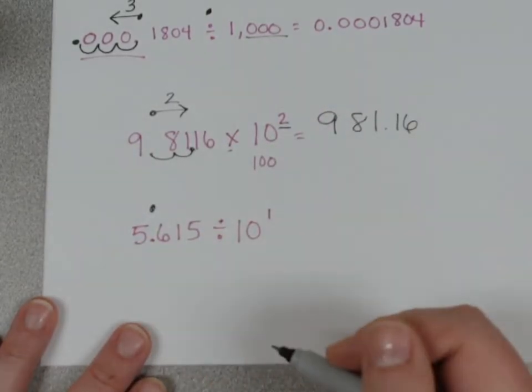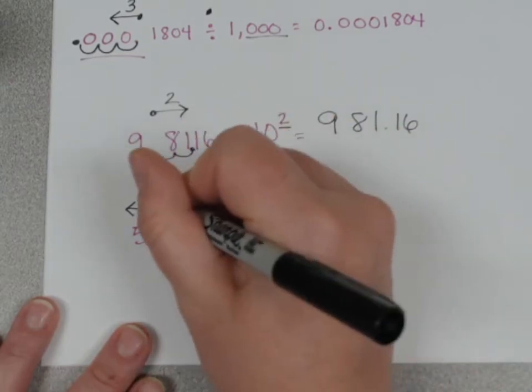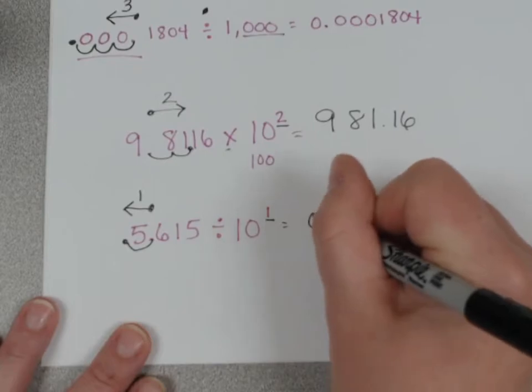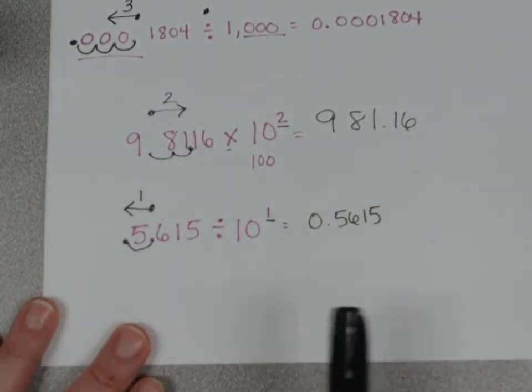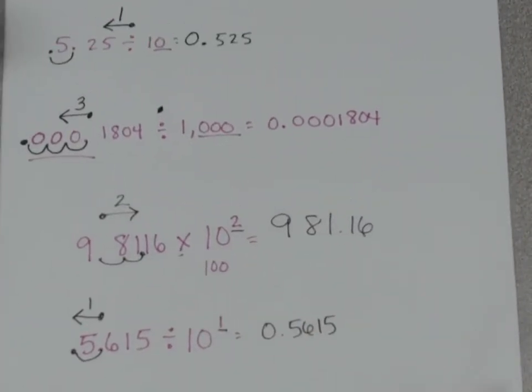I'm starting up here. I'm dividing, so I'm moving the decimal to the left. How many times? 1. Decimal goes there. So my answer is 0.0615. Okay?